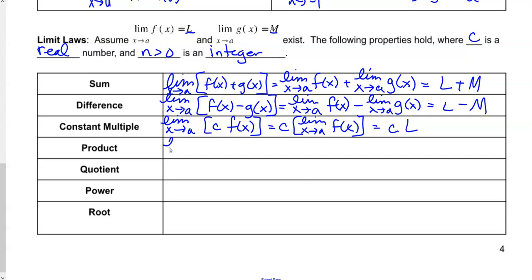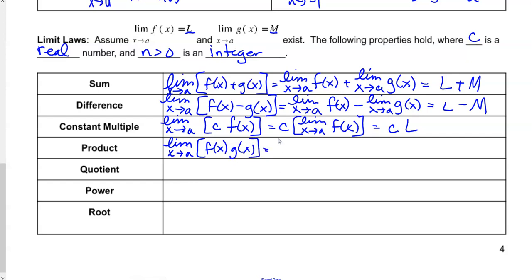Okay? A product of two functions for my limit as x approaches a. This time we have f of x times g of x. Notice that whenever that is written, there is no symbol between those, so it symbolizes multiplying.